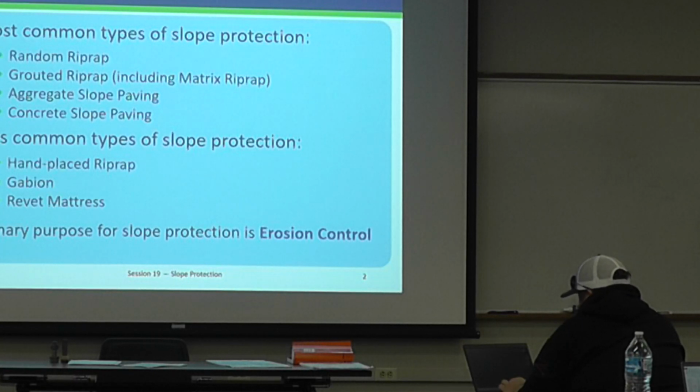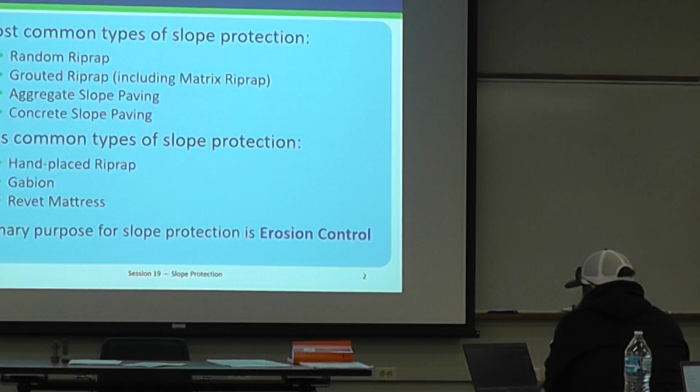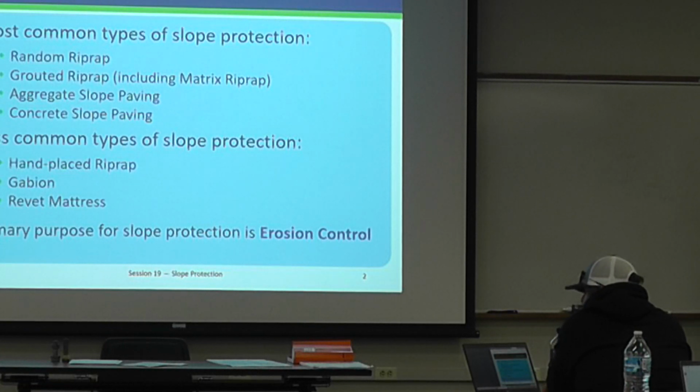Every once in a while, depending on flow characteristics, you may see a grouted or a matrix riprap. But a lot of times it's the main three: riprap and the two types of slope paving. There are a couple other less common types. I've never seen a plan with hand-placed riprap, but it is in the spec. And then gabions and revet mattresses, which are essentially baskets that are filled with rock.